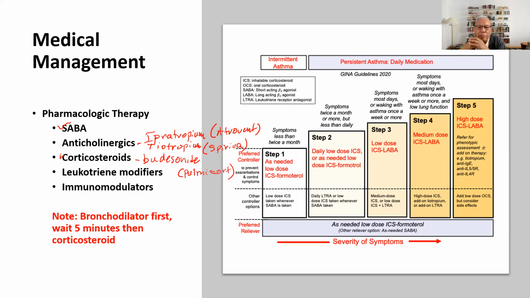You remember the leukotriene is one of those modifiers that were released by the mast cells. So if you give leukotriene modifiers or anti-leukotriene agents, they are potent bronchodilators, and therefore there's going to be an improvement of the symptoms. An example of that is going to be montelukast.